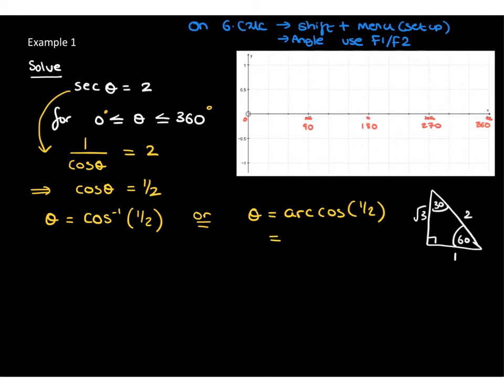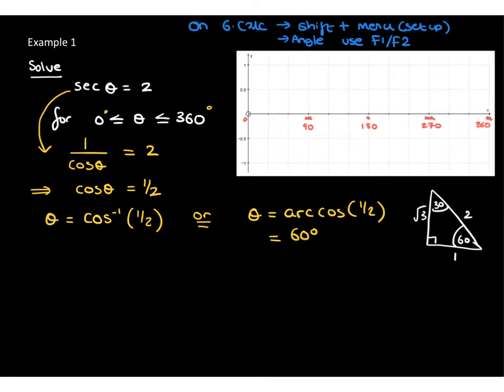Now, we're working in degrees in this question, so arc cos of a half will give us 60 degrees, as expected from the special triangle. So theta equals 60 degrees.